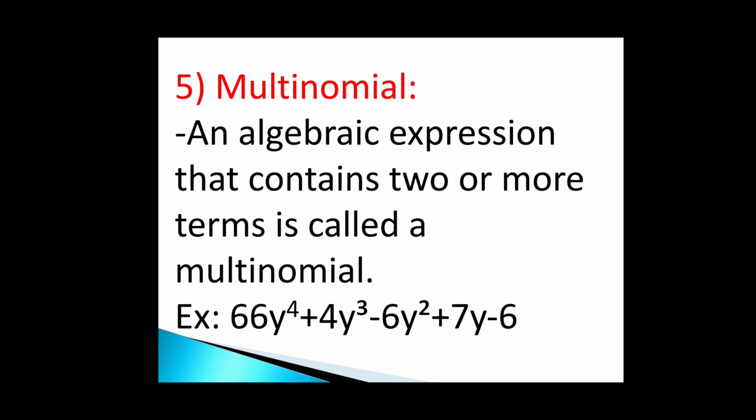Similarly, we have multinomial. Multinomial means multiple terms together. An algebraic expression that contains 2 or more terms is called a multinomial. Example, 66y raised to 4 plus 4y cube minus 6y square plus 7y minus 6.